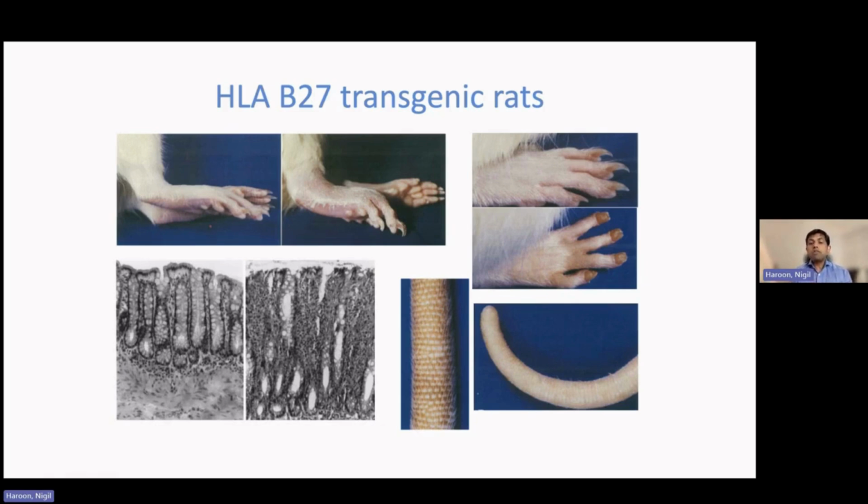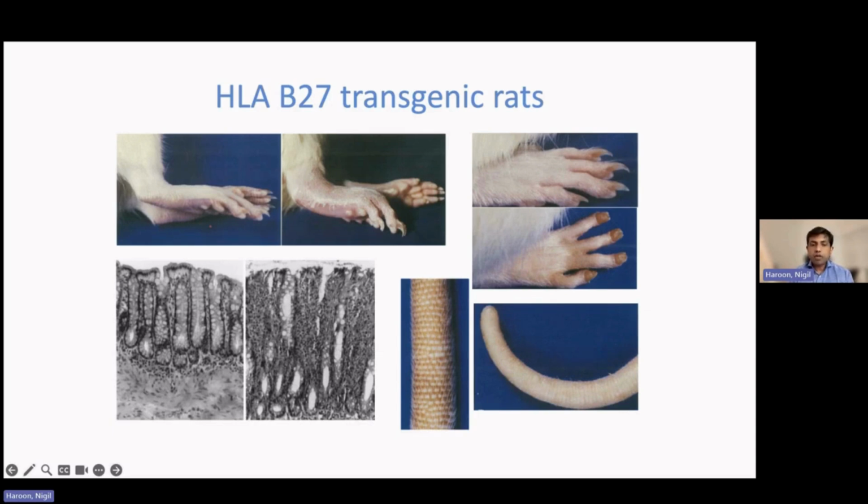If you introduce B27 to a rat that usually does not develop any disease, just the introduction of B27 itself leads to arthritis, as you can see here in that second figure. It can cause changes of psoriasis, like nail changes, inflammation in the skin. You see the inflammation in the skin also in the tail here, psoriasis-like changes.